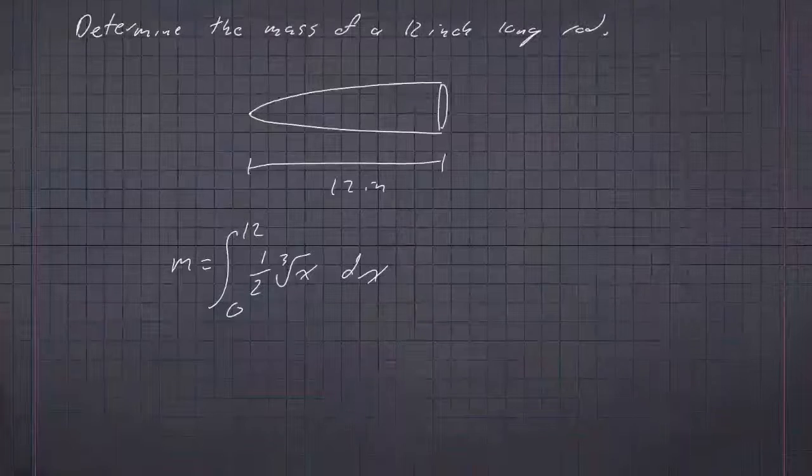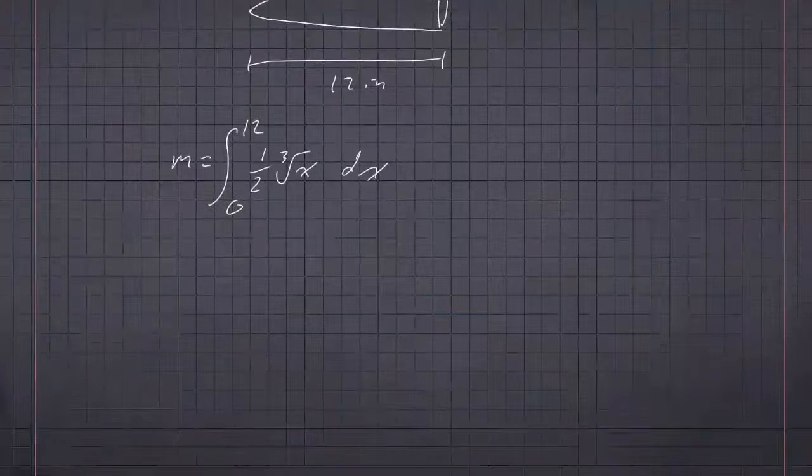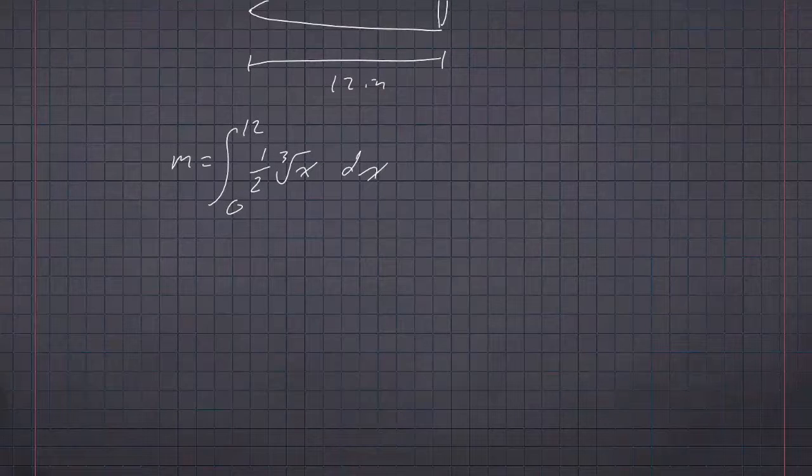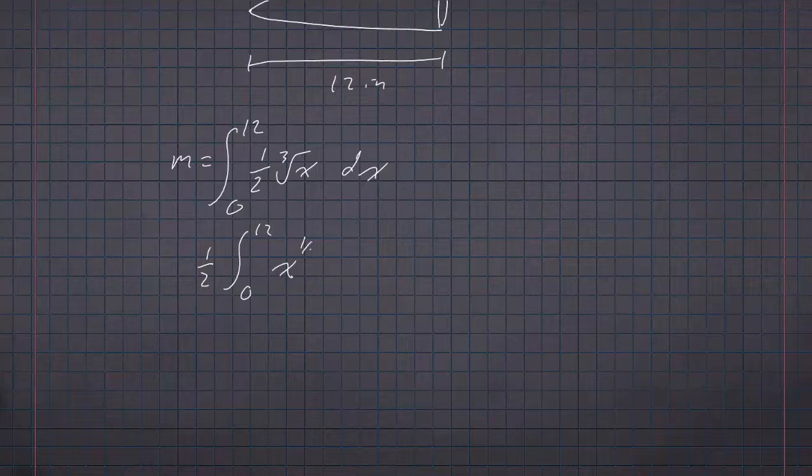And as integrals go, this one's not that bad. It's a simple power function. We can take the 1/2 out in front. Cube root of x is x to the 1/3 power. And the antiderivative of x to the 1/3 using the power rule, 1/3 plus 1 is 4/3.